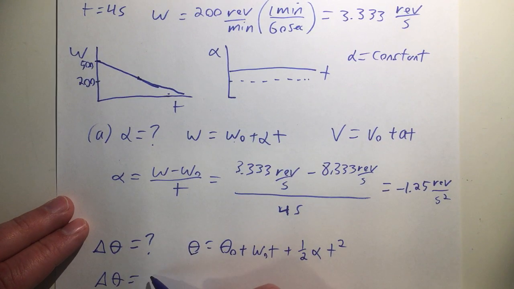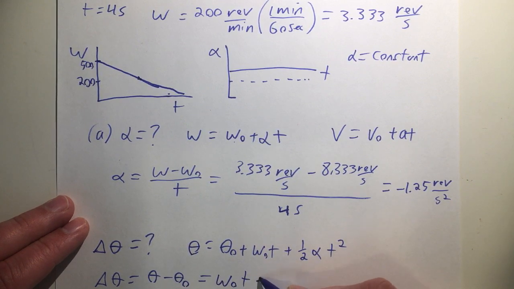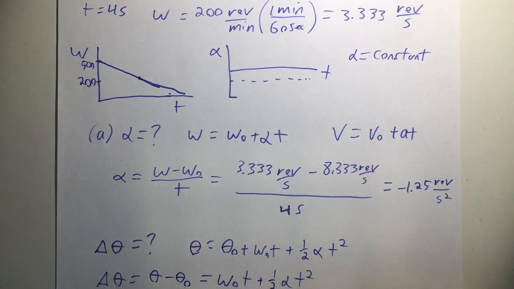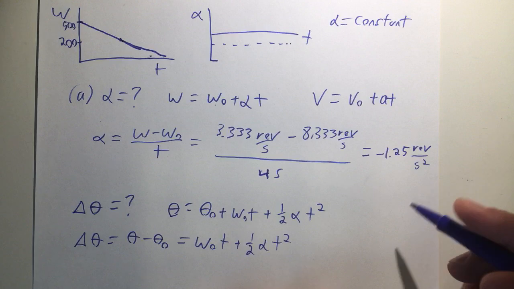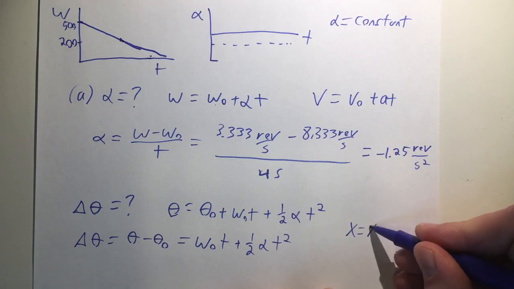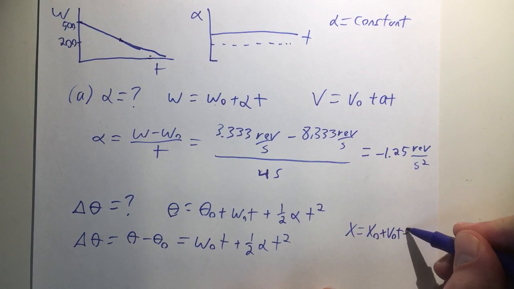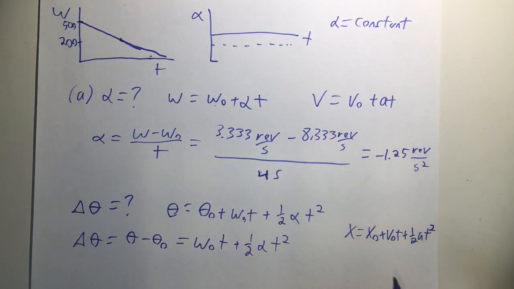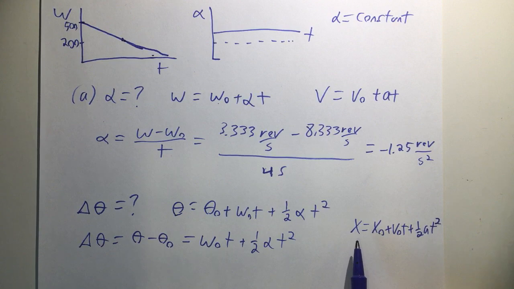Delta theta is equal to theta minus theta naught, which is equal to the second part of this formula. And this formula should look very familiar to you too, because we've used this formula 100 times already in this class. And the equivalent formula is just we're replacing our spatial dimension. Instead of using distance, we're using angle.